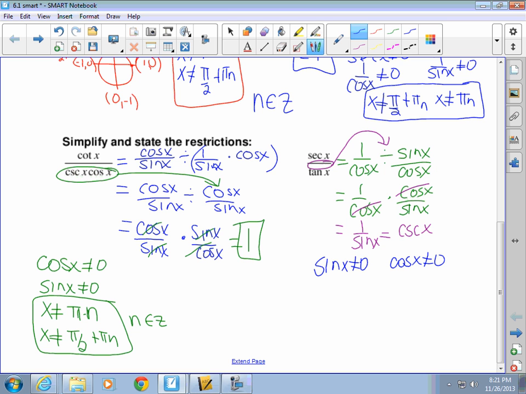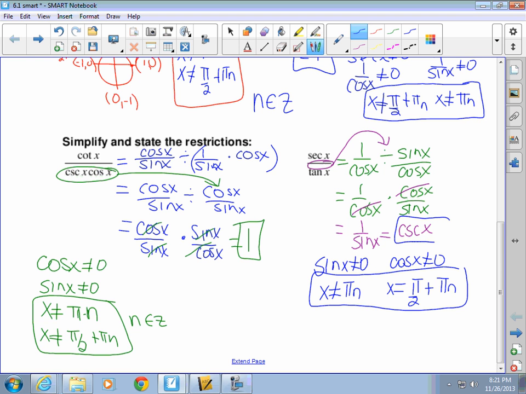So sin x then, again, is that x is not equal to pi n, so every pi that you hit, and then x is not equal to, for cosecant, pi over 2 plus pi n. So you start at the 90 degrees and then you go a half turn after that. So there's our restrictions, and there's our solution.